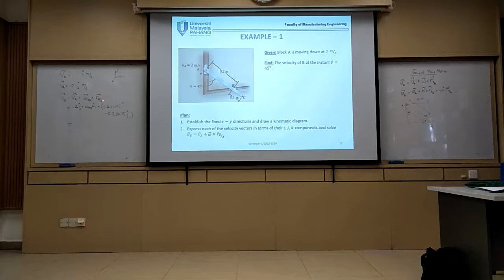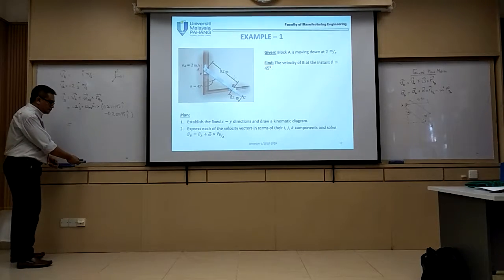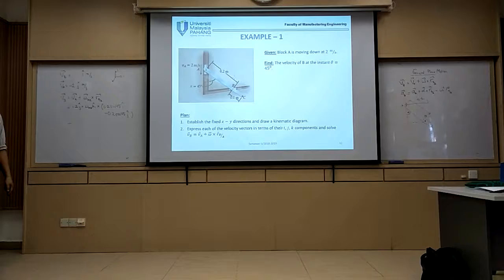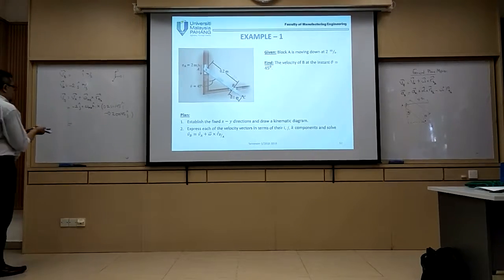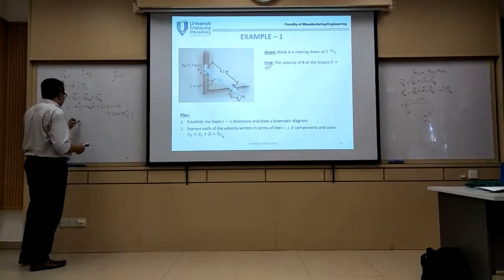Because this is planar 2D, it will be in the components of I and J. So you have to find what is the component in I and what is the component in J. Any question? Okay, so this will be minus 2J.